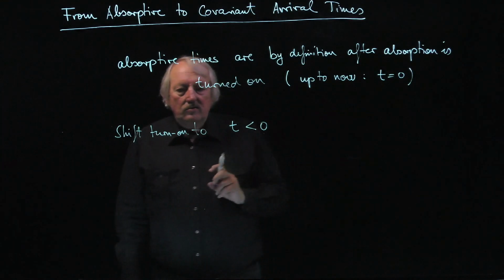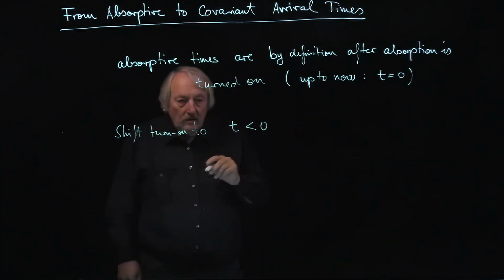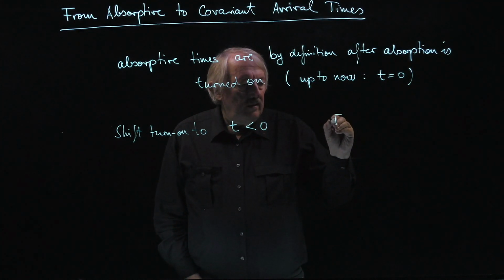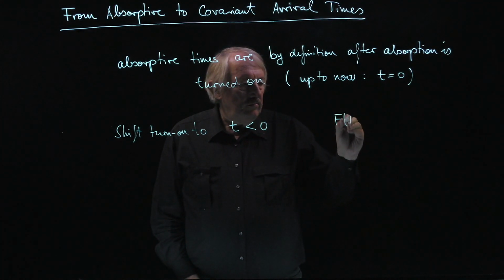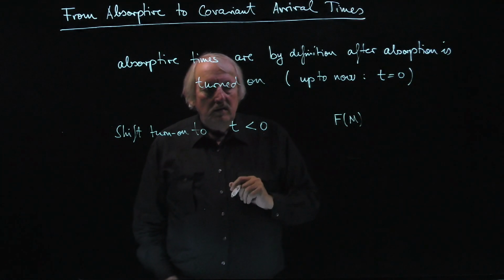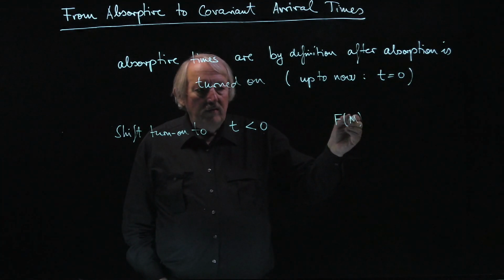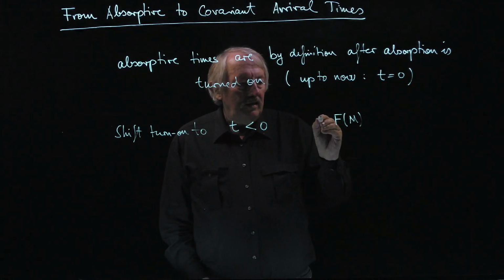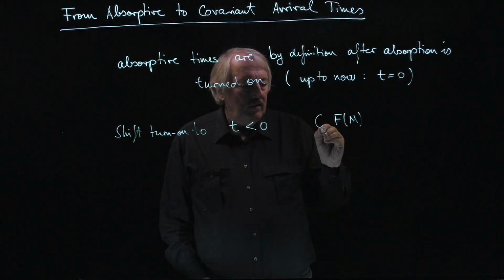So if we do that, then instead of our operator that describes arrival in the time interval M, this interval is actually taken at a later time, and this means that we have a C minus t star.